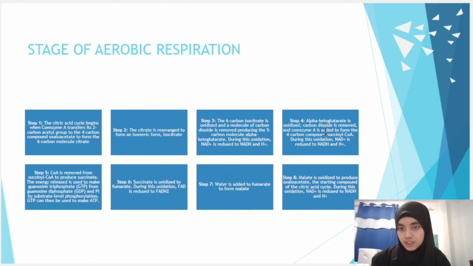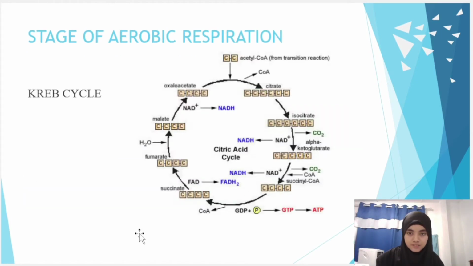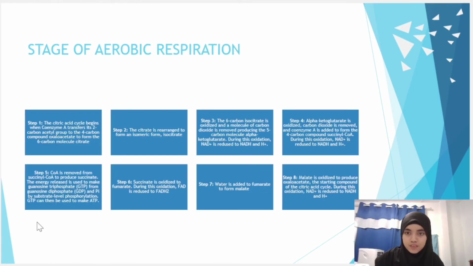The fourth step is alpha ketoglutarate is oxidized, carbon dioxide is removed, and coenzyme A is added to form the 4-carbon compound succinyl coenzyme A. During this oxidation, NAD+ is reduced to NADH and H+. The fifth step is coenzyme A is removed from the succinyl coenzyme A to produce succinate.